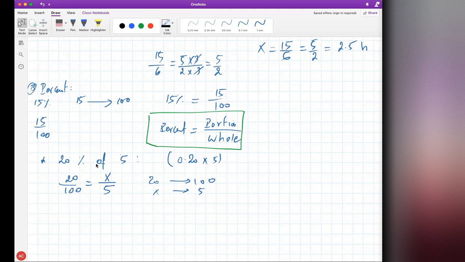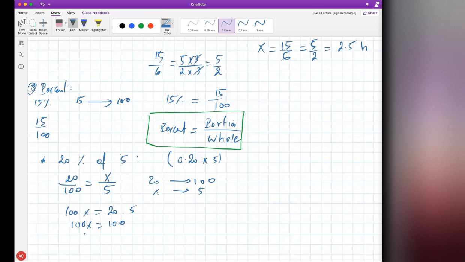How do we solve this again? Cross multiply: 20 times 5 and x times 100. Start with the multiplication that has x. So 100 times x equals 5 times 20. Once you make it into an equation, solve it the same way we did a bunch of times. 100x equals 100.